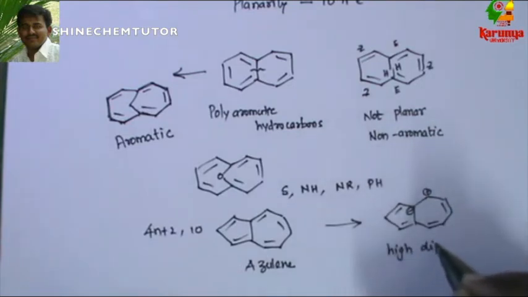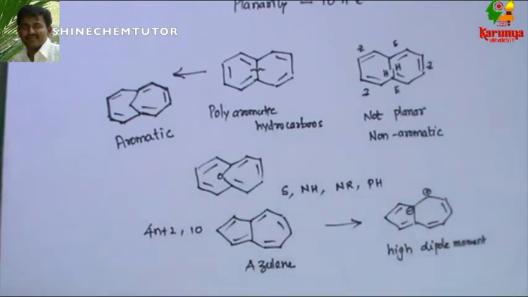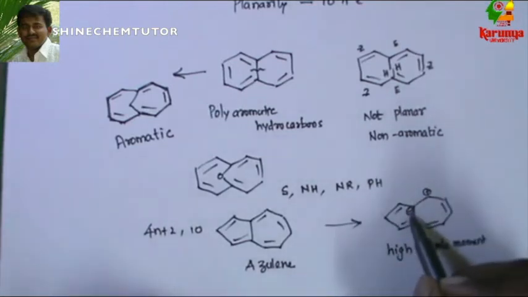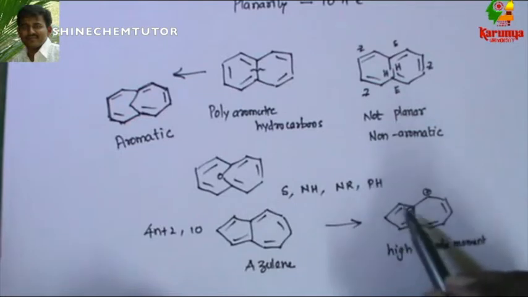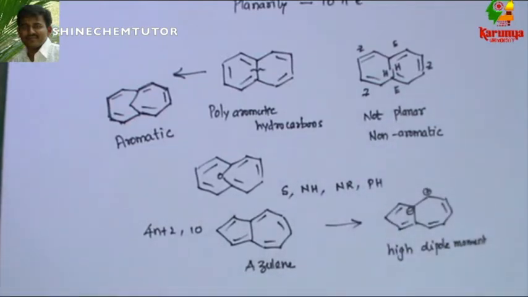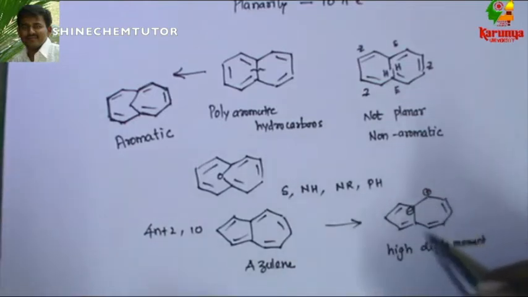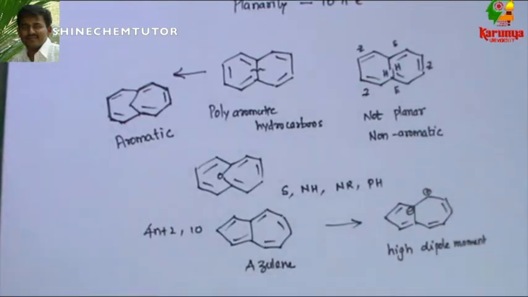So this has a high dipole moment. The reason is we have plus and minus charges. Because of this polarization, this ring becomes a cyclopentadienyl anion, which is aromatic, and this ring becomes a tropylium cation, which is again aromatic.